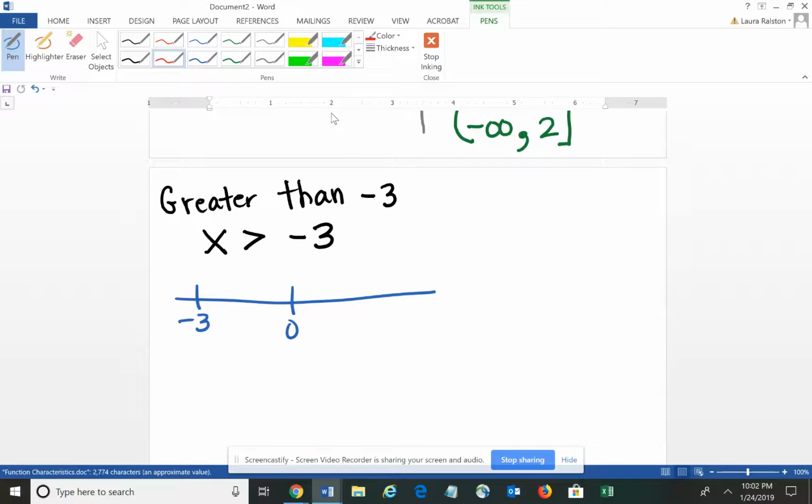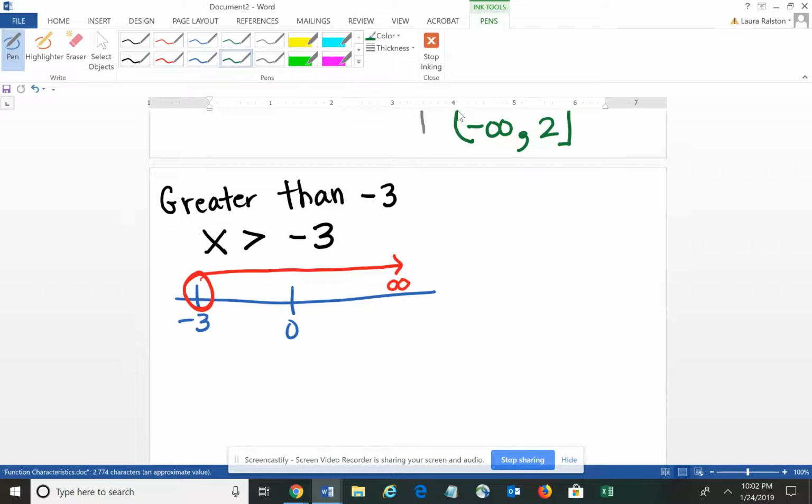So I could use things like -2, -1, 1, 5, 10, 100, a bazillion. Okay, so again, it has that idea or that sense that it's going to keep going on forever and ever to the right or in the positive direction because it's greater than. We cannot use -3, so we use the open circle and then the arrow goes to the right, and that implies that it goes to positive infinity.